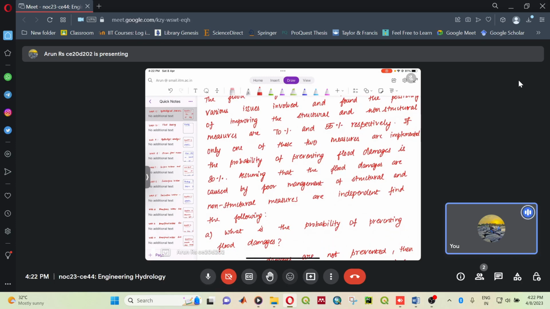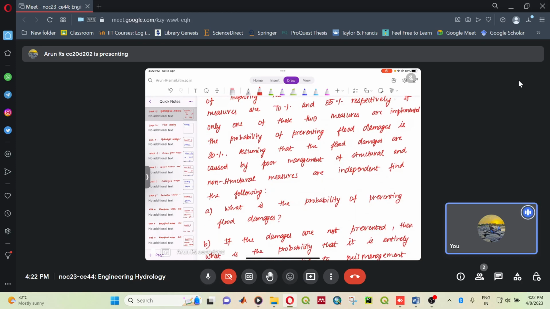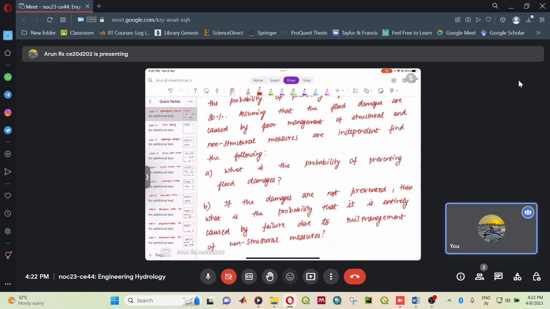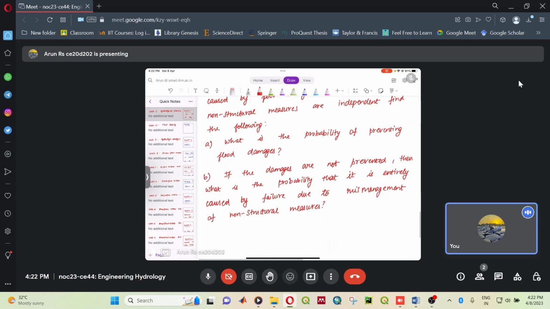Assuming that the flood damages are caused by poor management of structural and non-structural measures are independent, then find the following. What is the probability of preventing the flood damages? And if the flood damages are not prevented, then what is the probability that it is entirely caused by failure due to mismanagement of the non-structural measures?